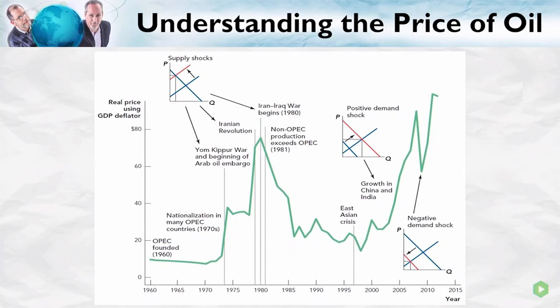That, of course, is the demand shock from the big recession and the financial crisis, which hit the United States and Europe especially hard, reducing the demand for oil, at least until the recovery started to occur. What you can see here is that the simple supply and demand model provides a very useful framework for understanding our world. Thanks.